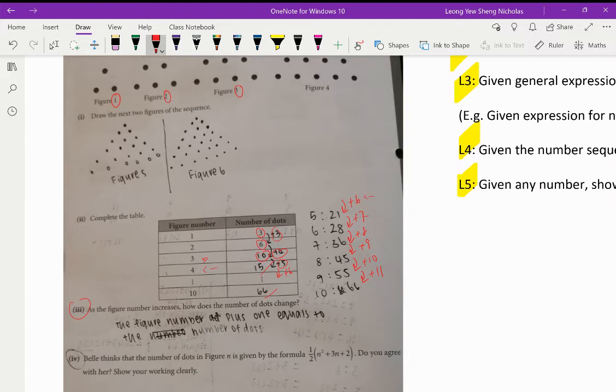So you notice the number of dots that increase is the figure number plus 1. To express this better, it is n plus 1, where n represents the position or the figure number.